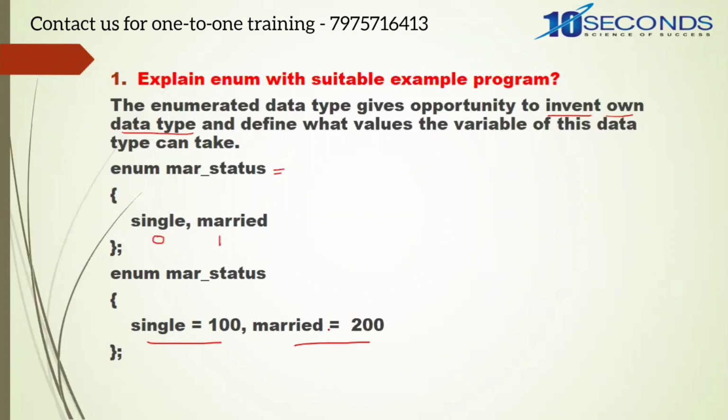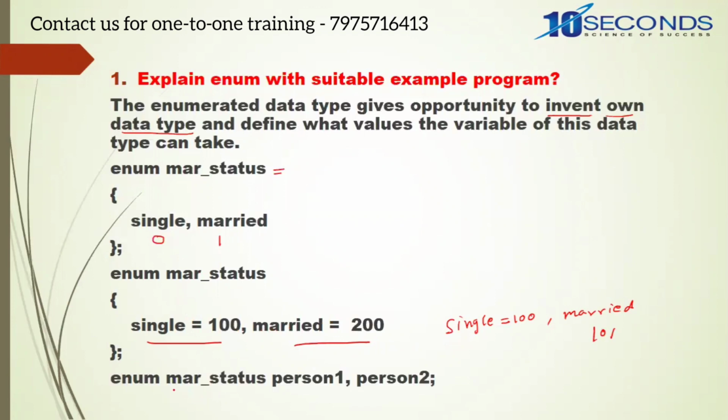By chance, you have not given married equal to 200, just single equal to 100. Think of the scenario: single equal to 100 and then just married. Then in this particular case, married will get the value 101.